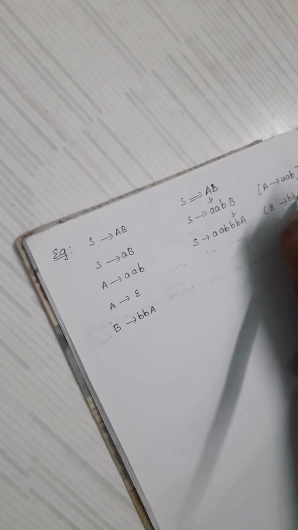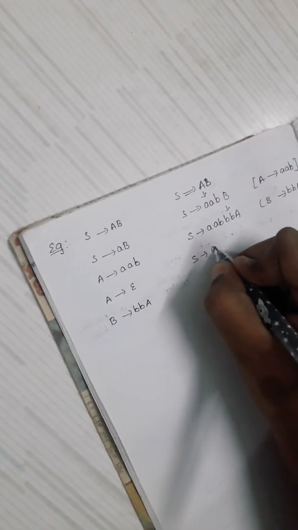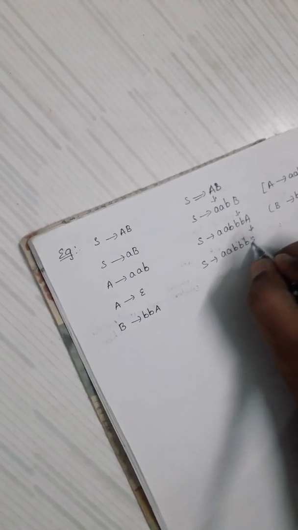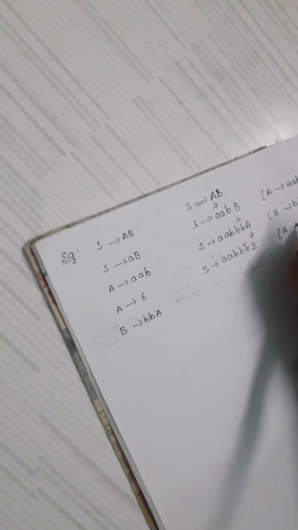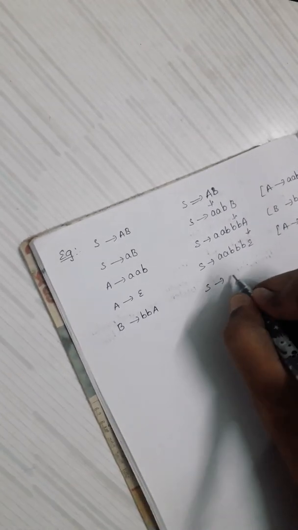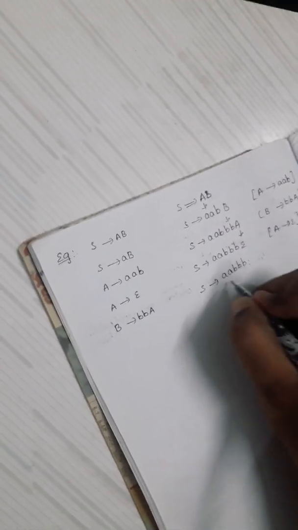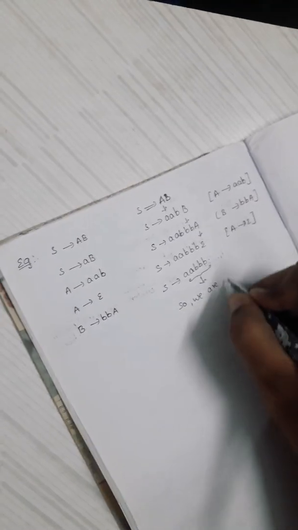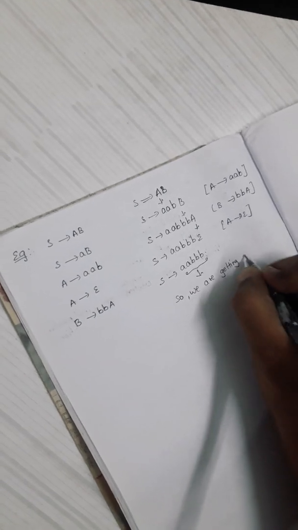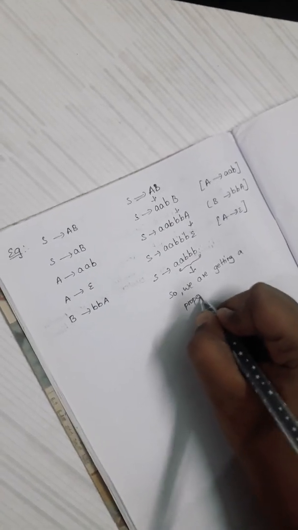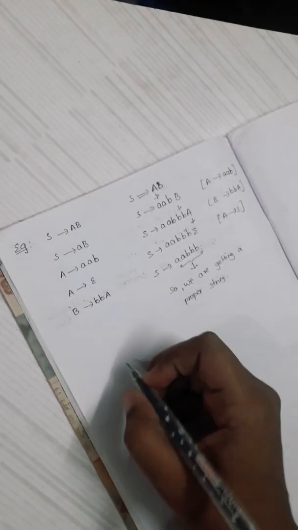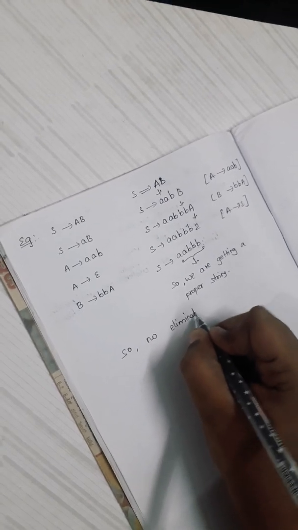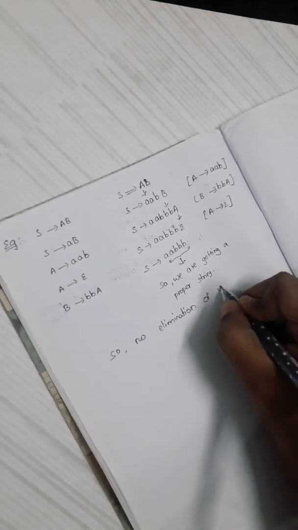And for A we can directly write epsilon because A tends to epsilon, and then A tends to AAB. So we are getting a proper string. So no elimination of useless symbol.